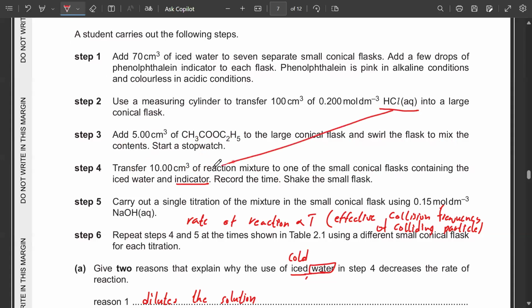Initially the indicator is mixed with the HCl, and the indicator's color is colorless in the acidic condition, right? But after that, in step 5 they added the NaOH, the alkali, and in the alkali, the color of the indicator becomes pink.